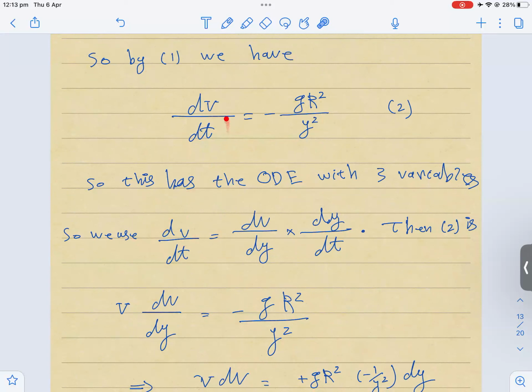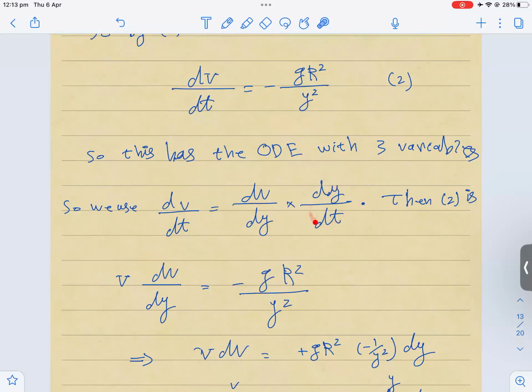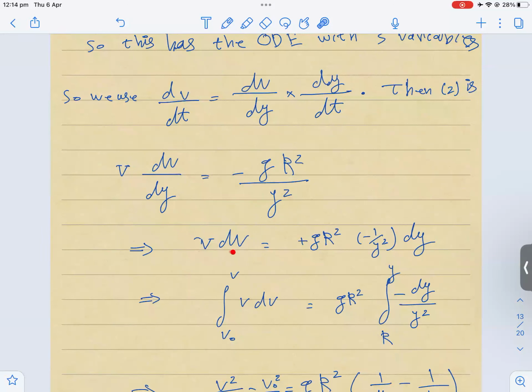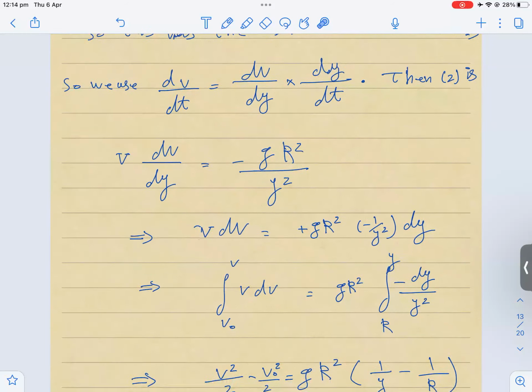So dv over dt is equal to dv over dy times dy over dt, and this guy is v. So this will be v times dv over dy. So the left-hand side will be this guy, and this one will be solvable. It is separable: v dv equals minus g r squared, this guy here, dy, so a separable ODE.